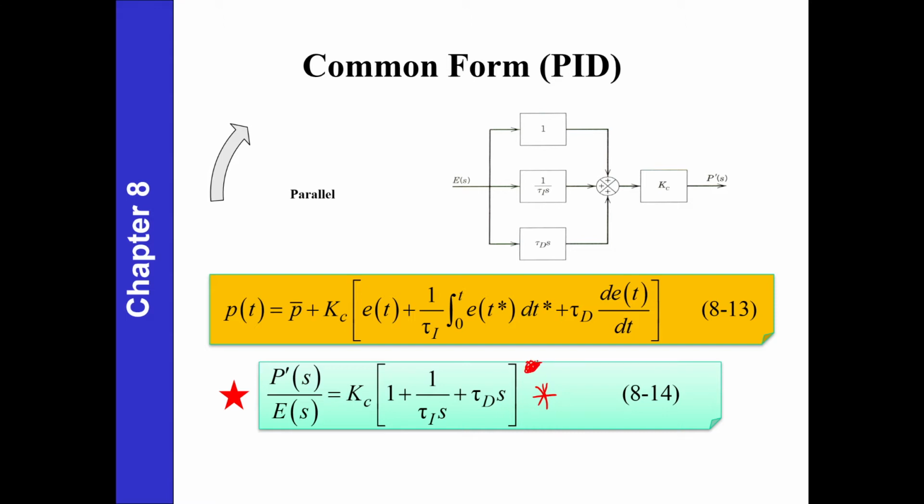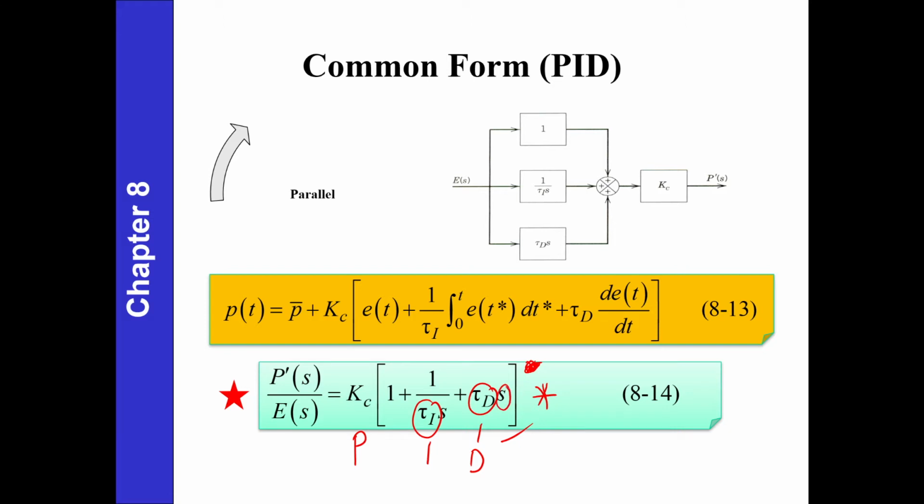Talking about the PID equation, you can write it straight away. Here Kc represents proportional mode, tau I represents integral, and tau d represents derivative. And this equation is in the S domain.